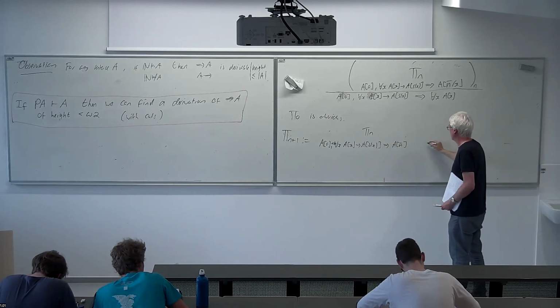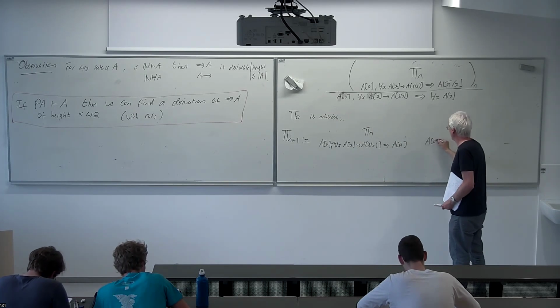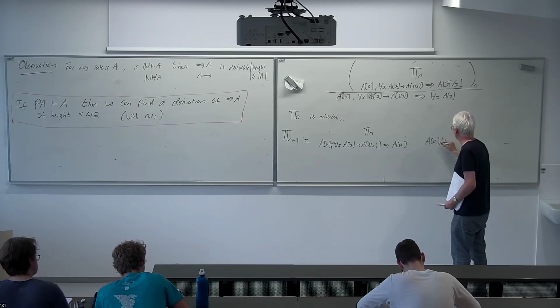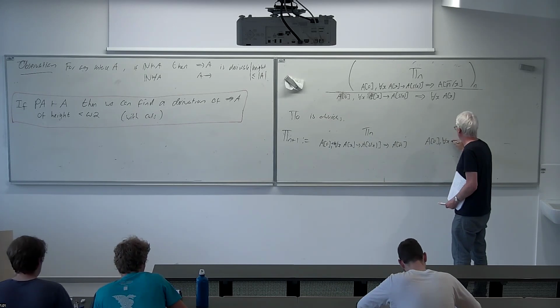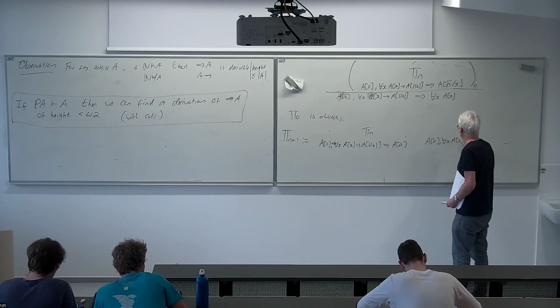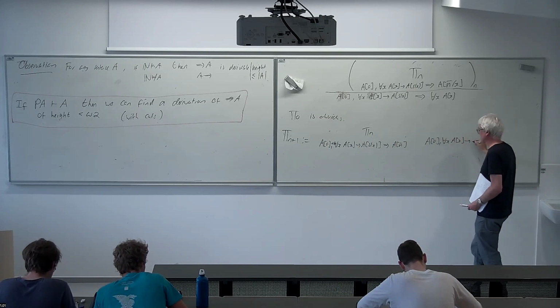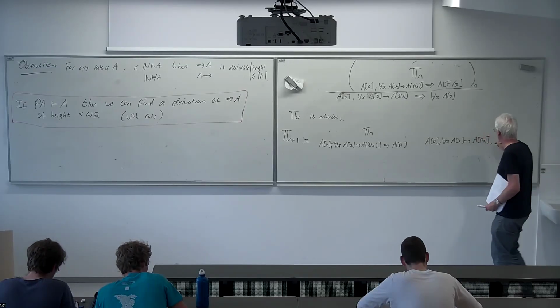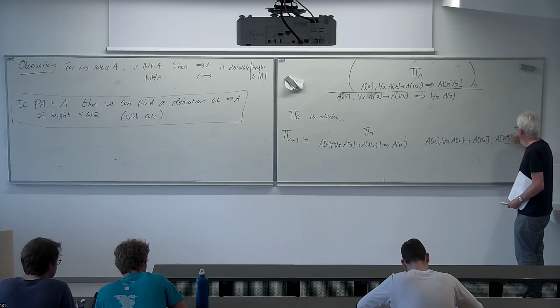But again, by a version of the identity rule, well, actually, let me just write out exactly what we want. It's very easy to find a derivation of this.